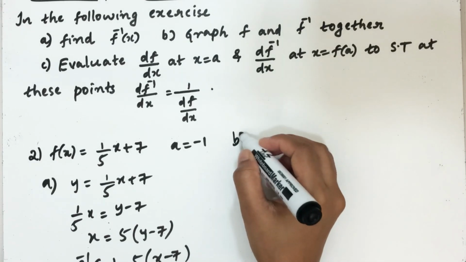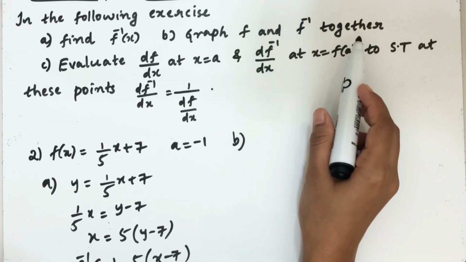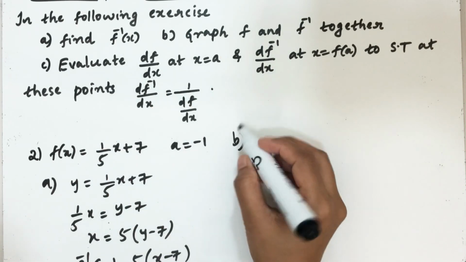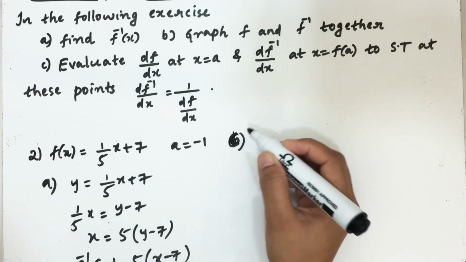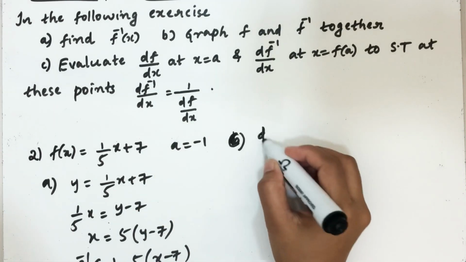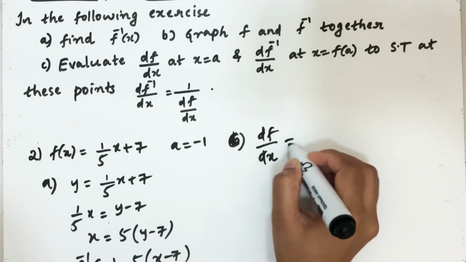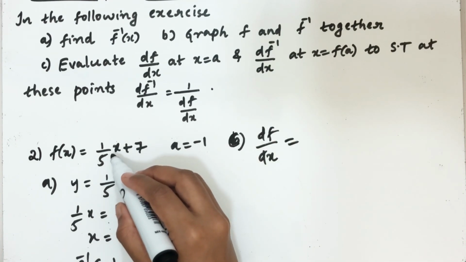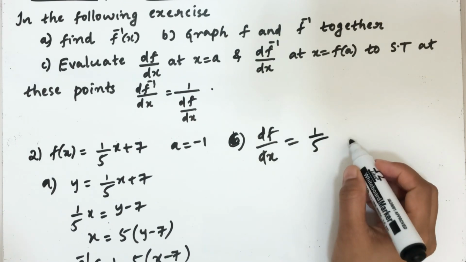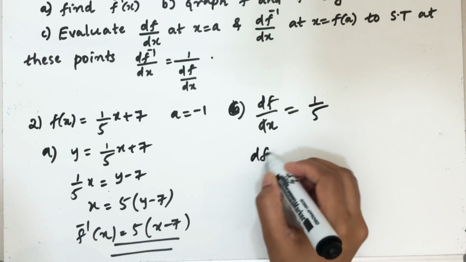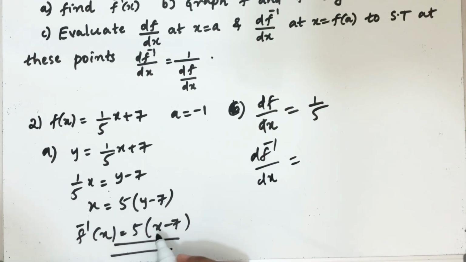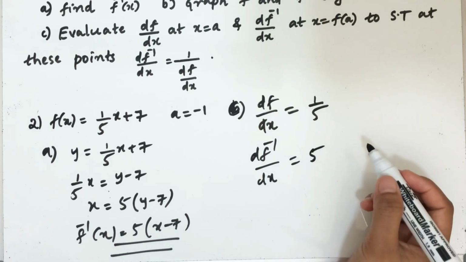Second part, graph f and f inverse together. Before that we can see third part, C. Evaluate df by dx at x is equal to a. df by dx is equal to 1 by 5 into 1 plus 0, that is 1 by 5. At x is equal to a, this value, and df inverse by dx is equal to d by dx of 5x minus 7, that is 5.